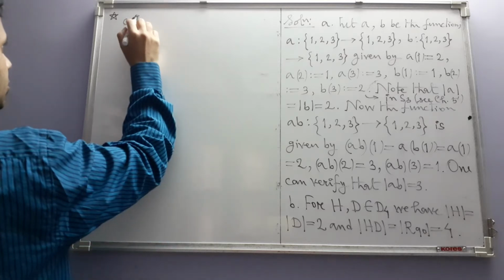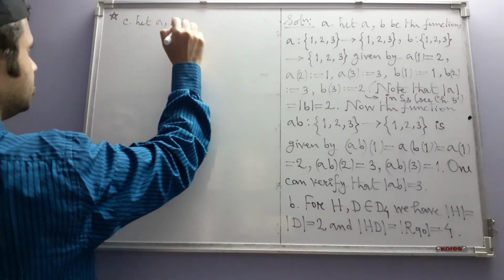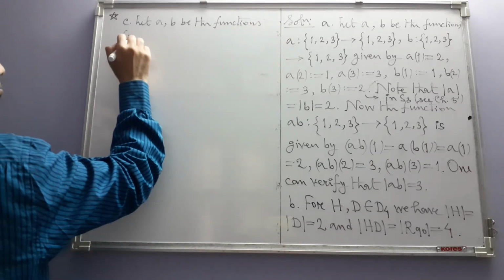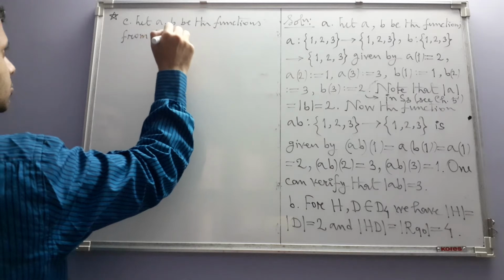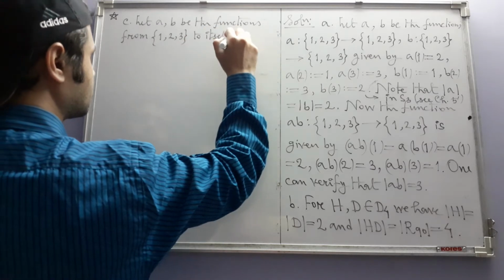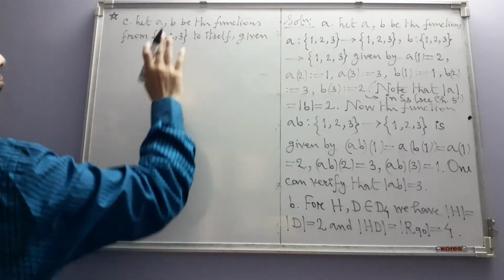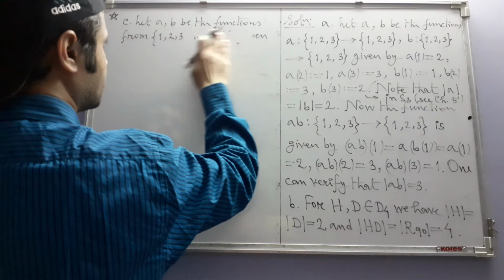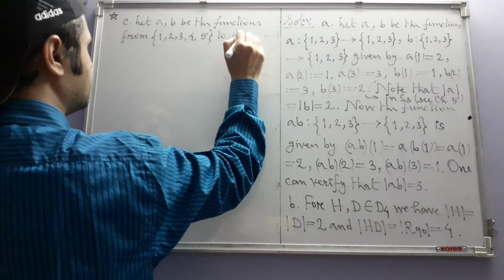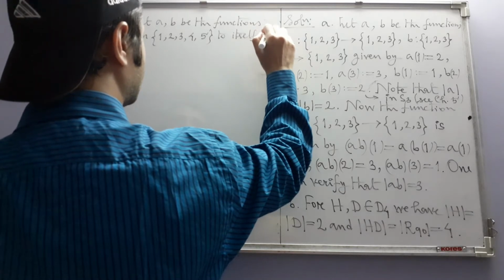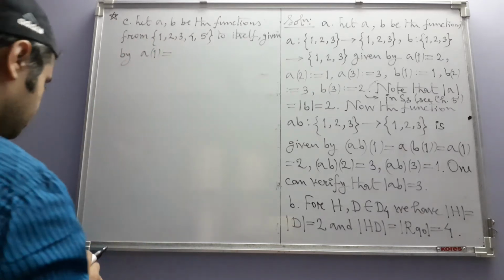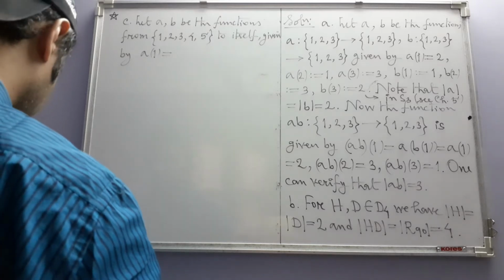C. Let A, B be the functions, let's write somewhat more briefly, from 1 2 3 4 5 to itself given by A of, and this time we have to write a little more because there are 5 points in the domain.